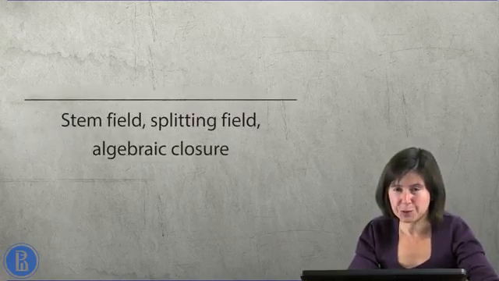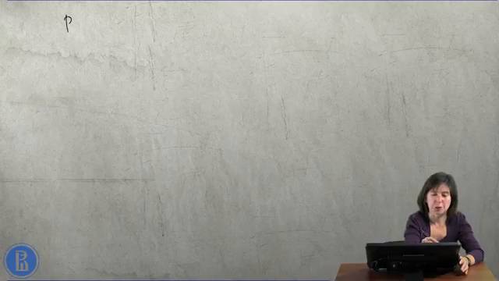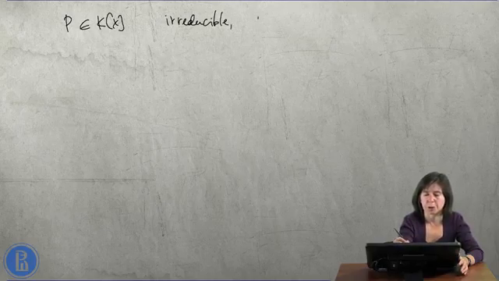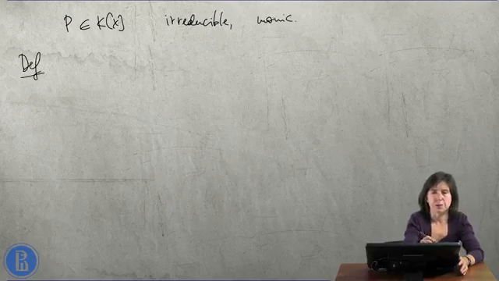The subject of today's lecture is stem field, splitting field, and algebraic closure. So consider a polynomial P in K[x], which is irreducible and monic. Let me give the definition.